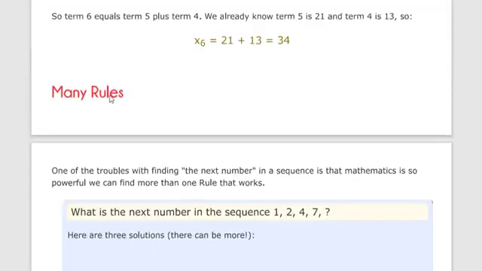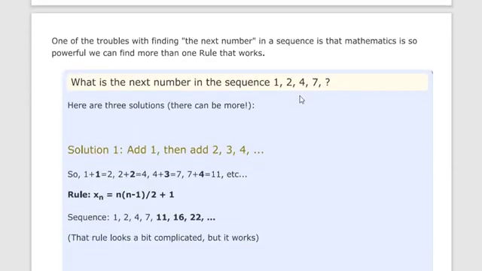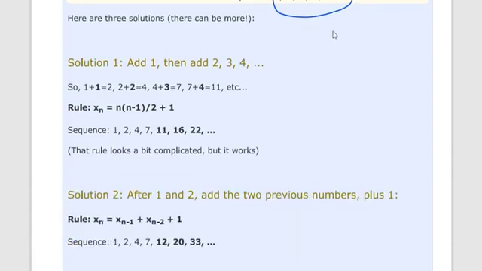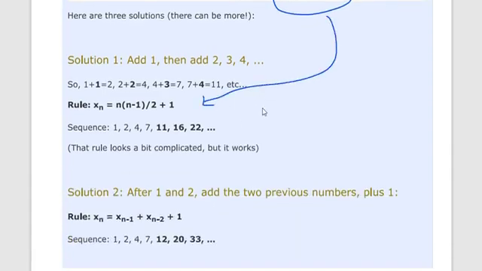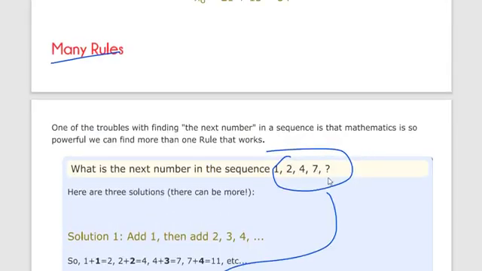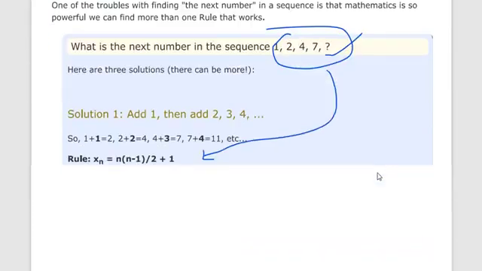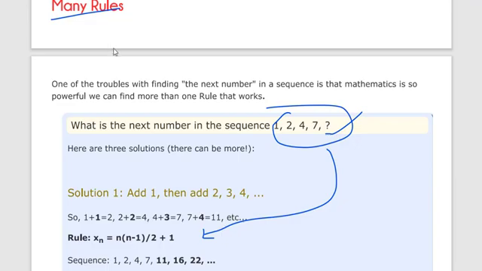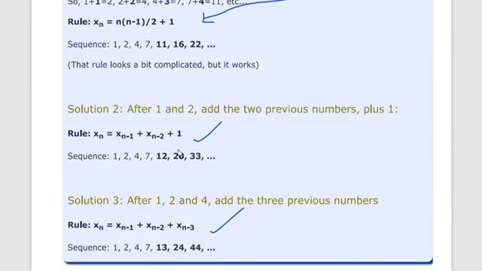We have also discussed that there are many rules for one sequence, and many rules can follow the same sequence.